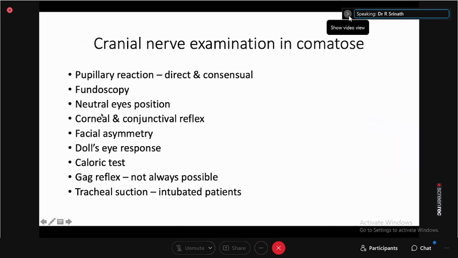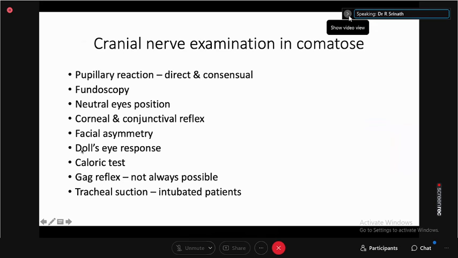Then the position of the eyes, neutral position, whenever there is any gaze, like we were mentioning, depending on the gaze, you can know which extraocular muscle is paralyzed. Definitely corneal reflex, conjunctival reflex can be attempted. Whenever there is any gross facial asymmetry, you can make out whether it is UMN or LMN type of facial palsy. Doll's eye is one of the tests, which is a part of the protocol in comatose individuals.